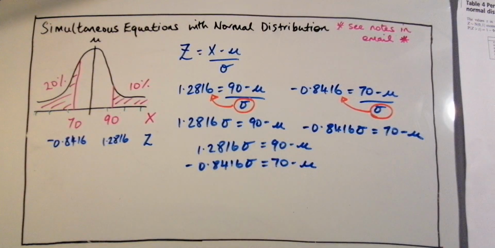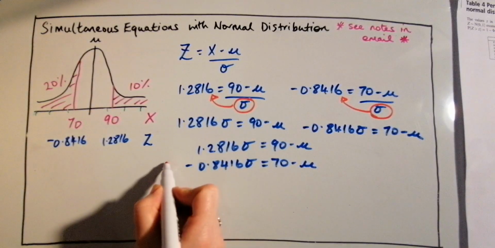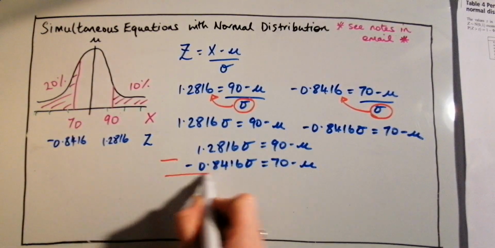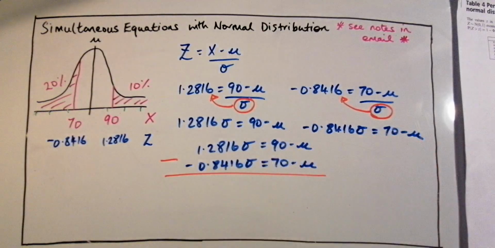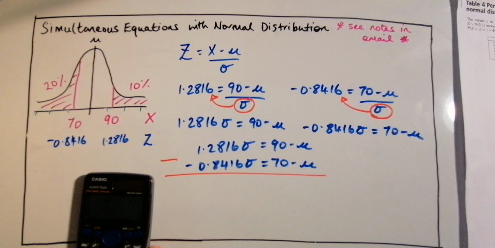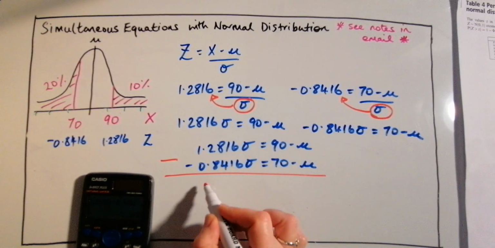The method for simultaneous equations is called elimination. Elimination means to take away. So I'm going to take away my standard deviations, take away my variables, and then take away my mean. So I need my calculator. I've got 1.2816, take away minus, don't let that get you, 0.8416, double negative, so it goes positive.